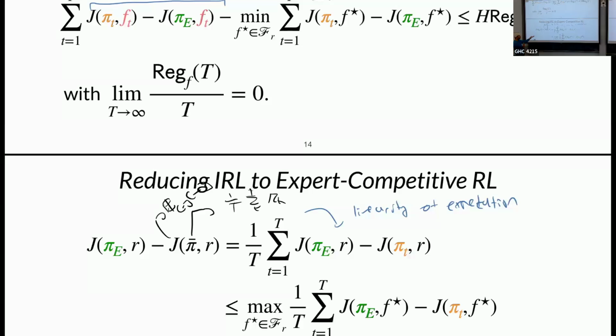Or what needs to be true so that I can bound the performance under R with the max over this class? The true reward function lies in the class. Exactly, right? So here I'm assuming reward realizability, that this function is inside this class. So when I take a max over this class, I upper bound the value I would get under this particular reward function. So this is just assuming reward realizability.